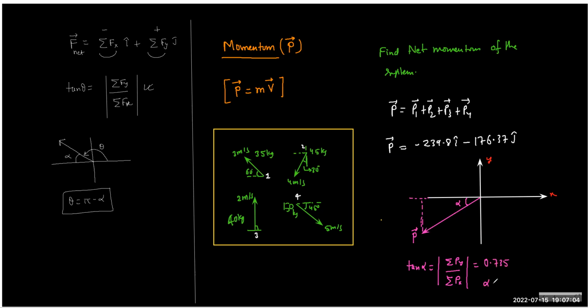So alpha we can write as tan inverse of this value. Now, what is the angle made by the vector with the positive direction of x-axis? Because we must remember the angle of a vector we express in terms of the angle it makes with the positive direction of x-axis.